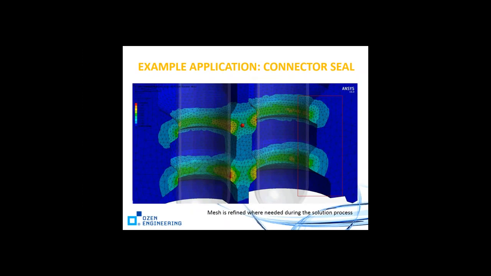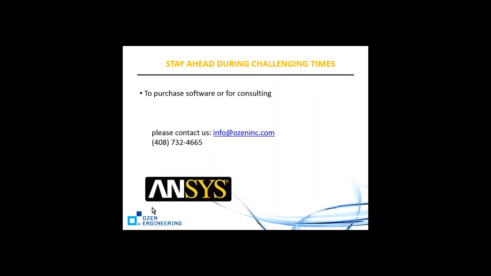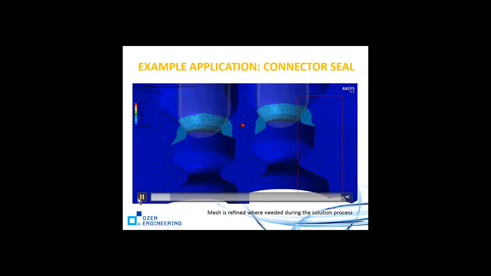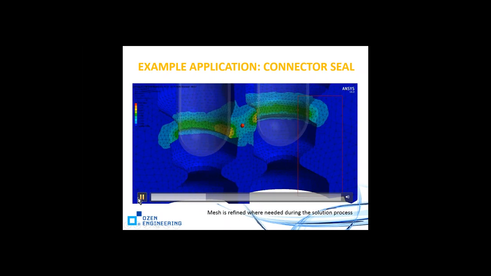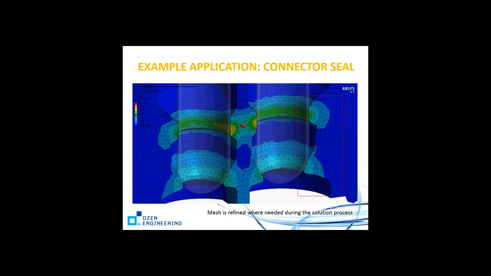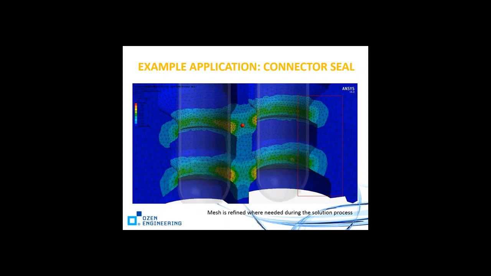And then adaptive remeshing. Adaptive remeshing is really great if you're doing an FEA problem, for example here, where you're inserting something in tight spaces, let's say an elastomer. Now, as you see here, the nodes and elements are being remeshed. This is a really tough FEA problem, but through this procedure, which is now available, the mesh is refined where needed during the solution process.